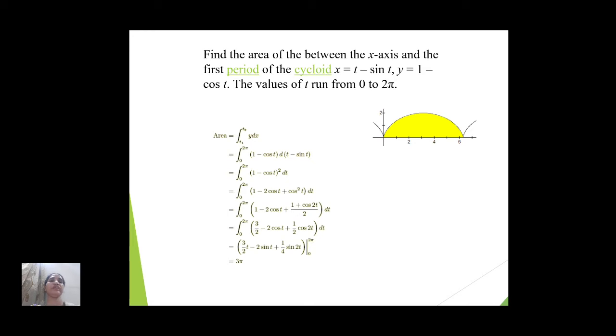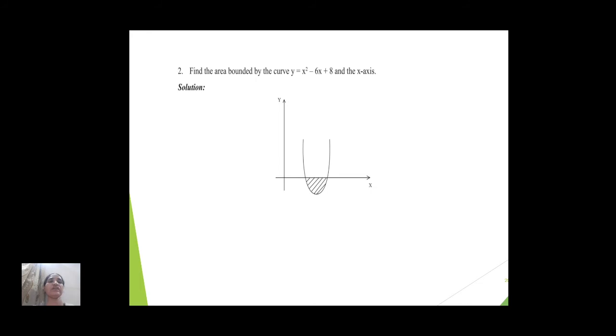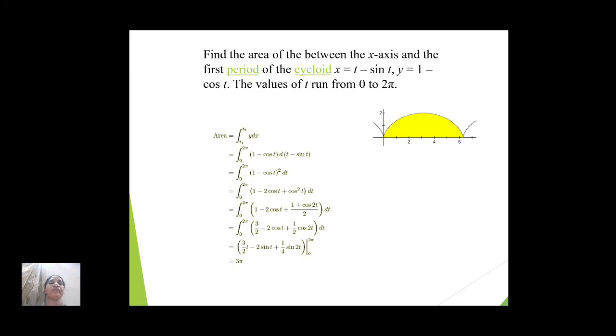Then dx by dt equal to d by dt of t equal to 1, d by dt of sin t, cos t. So 1 minus cos t. So y equal to 1 minus cos t, dx also 1 minus cos t.